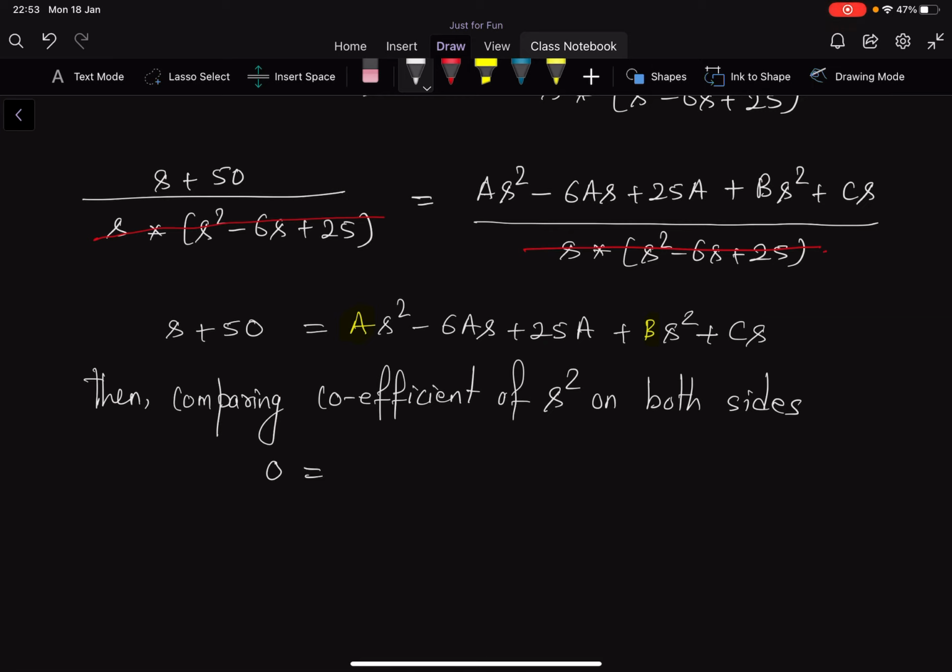Whatever right hand side, we have a plus b. If you take s square common from there, you are going to get a plus b. Since we already have the information about a, that means b is going to be minus a, which is going to be minus 2. So b is nothing but minus 2. So we got our value of b as well.